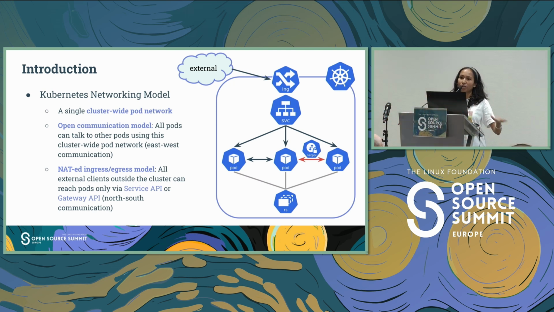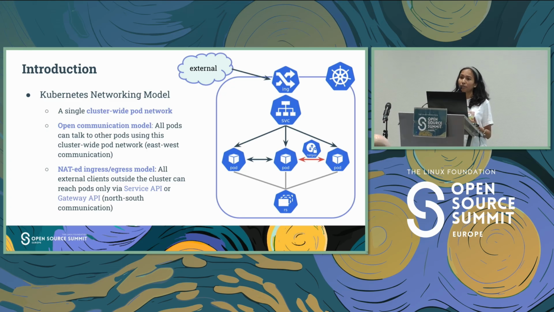This is what spans your cluster, which is enabling networking between your workloads. It's an open communication model, so every pod is assumed to be able to talk to every other pod in your cluster, and every pod usually gets a unique IP address, and no two pods can have the same IP address. So these are sort of the basic fundamentals of the Kubernetes networking model that Kubernetes assumes.